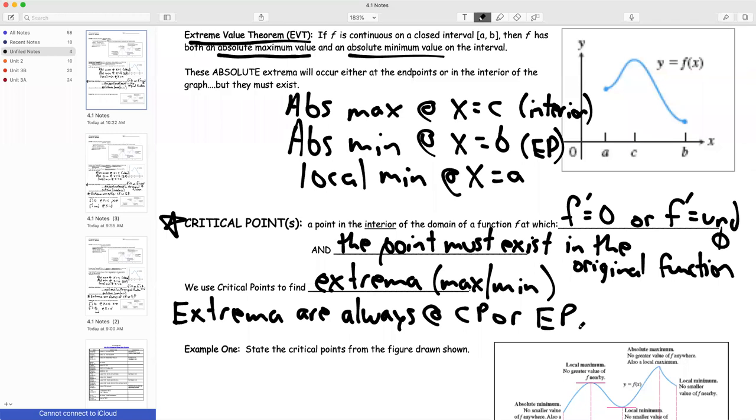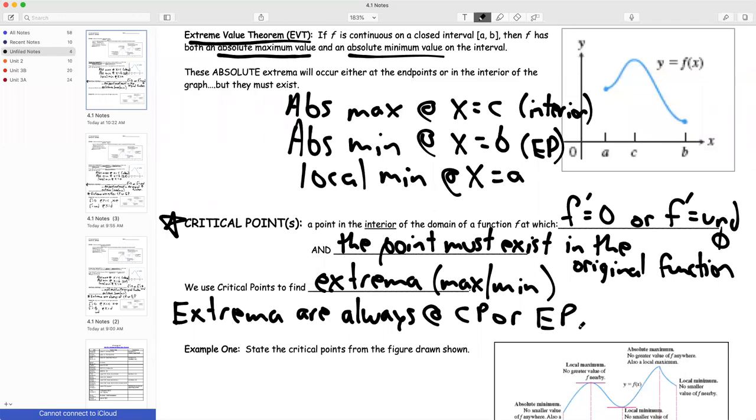Let me say that again. Maxes and mins are either critical points or endpoints. A critical point is where the derivative of the function is 0 or undefined, and it's in the interior, assuming the point exists. Although it is possible, however, you could have an extrema at an endpoint. So we've always got to check for the critical points and check for the endpoints.